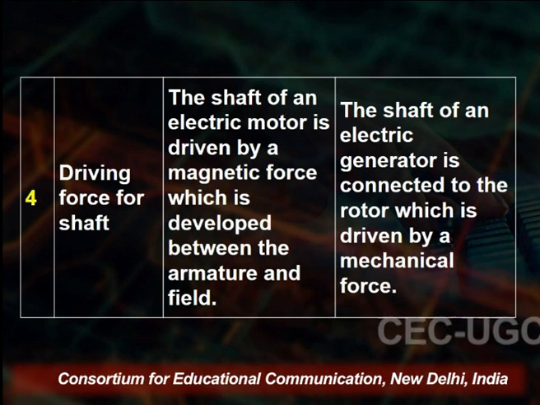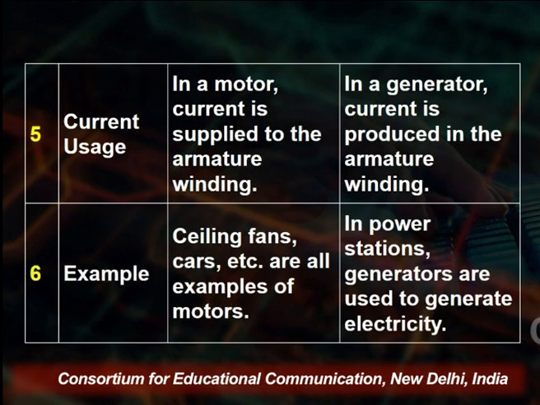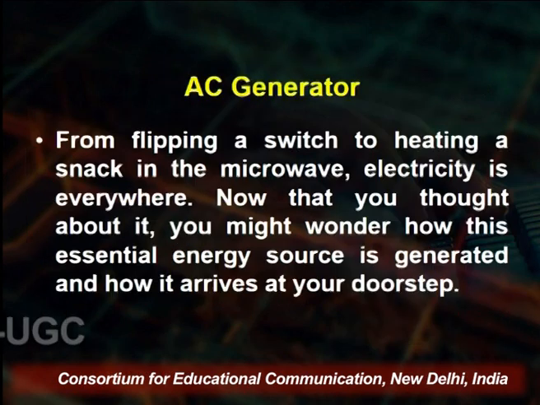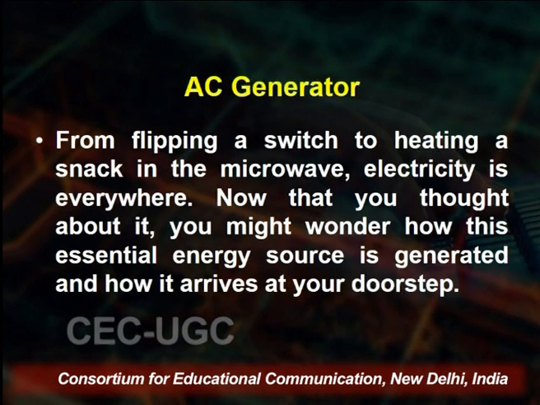Regarding current, in the motor current is supplied to the armature winding, but in the generator current is produced in the armature winding. Motors are used in ceiling fans, cars, etc., while generators are used for generating electricity and are used in many appliances.